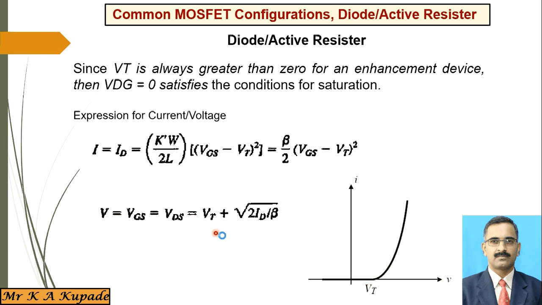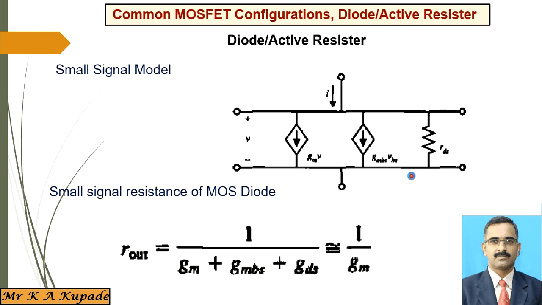That relation gives that the threshold voltage, ID current, and this beta value give exactly the V voltage. By considering this I and V, the graph you plot for that particular threshold voltage looks like a diode's characteristics. Getting this point? So this is the diode operation.